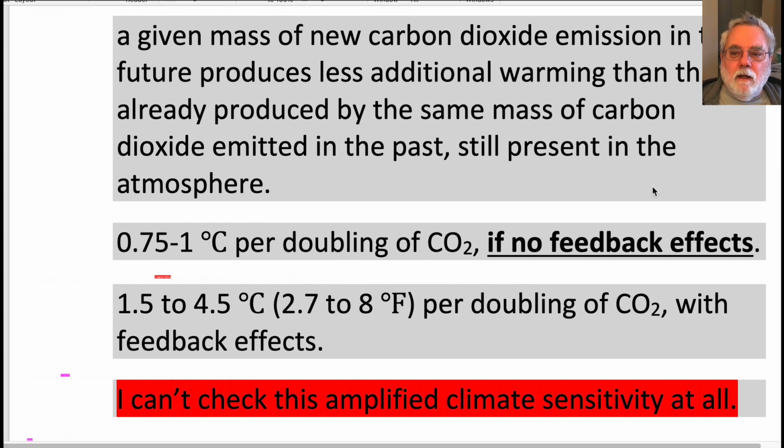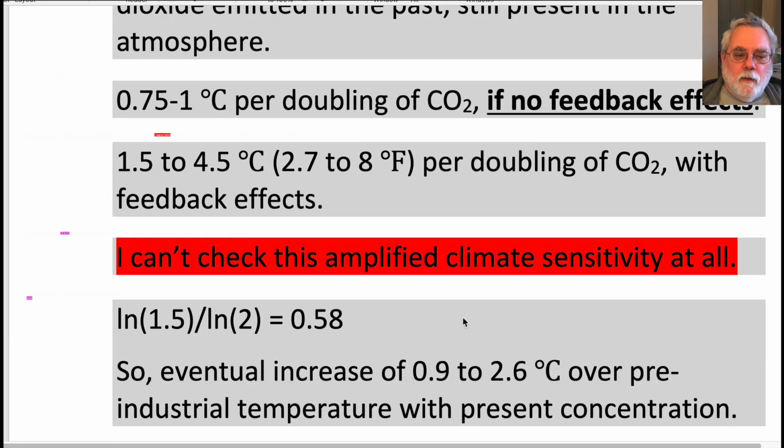Emissions since 1800 or 1850 have increased atmospheric carbon dioxide concentration by 50%. The natural log of 1.5 divided by natural log of 2 is 0.58.